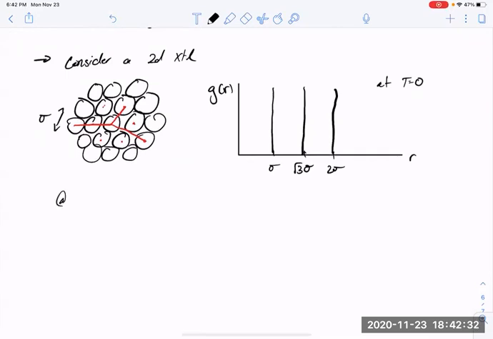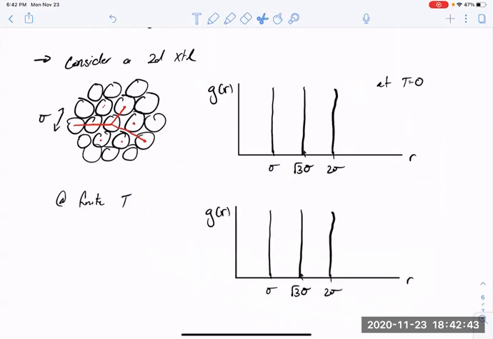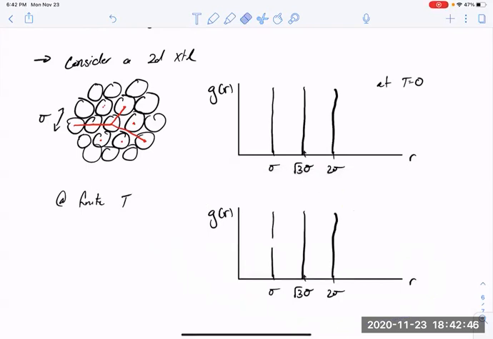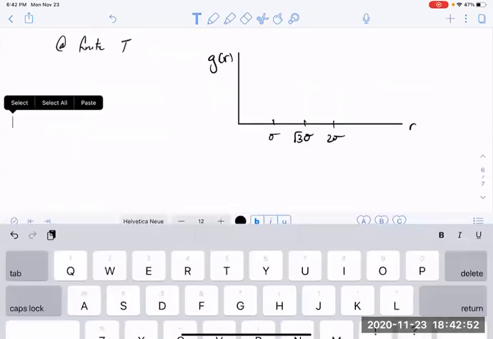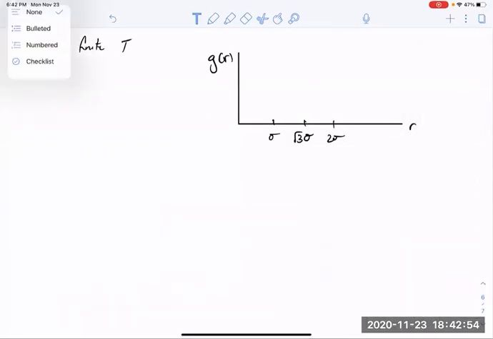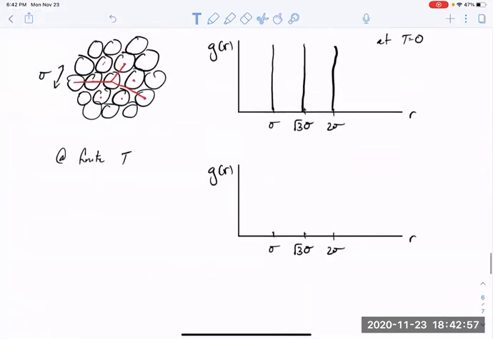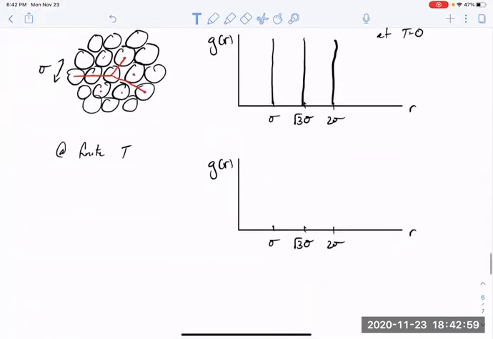At finite temperature, we would expect to see the peaks broaden a little bit. Now they are moving around. I don't find their origins always at exactly the same place. And so rather than delta functions, I would find peaks.